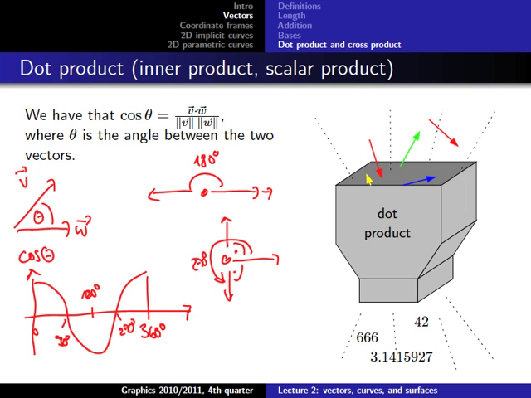And this is something that we need very often, for example, when we want to do light calculation. Because, for example, if you have a surface and the light comes in here, and we model this light by a vector, then the intensity, how much this light is reflected, depends on the angle with which it hits the surface. So if it hits directly, the reflection is stronger than if it just hits from the side.